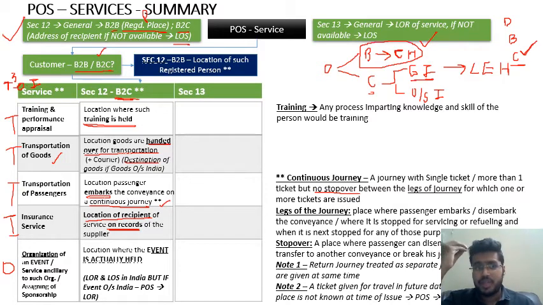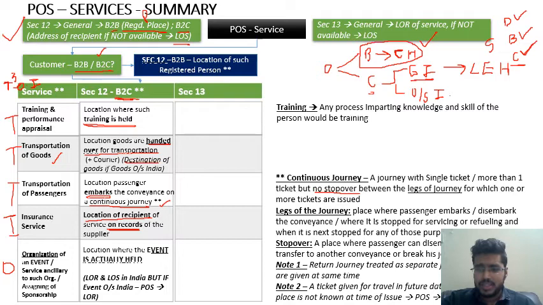Now his wedding is happening in Switzerland, but the customer, the director, is in India, in Bombay. The supplier Star Management is in Delhi, but the event is happening outside India in Switzerland, right?